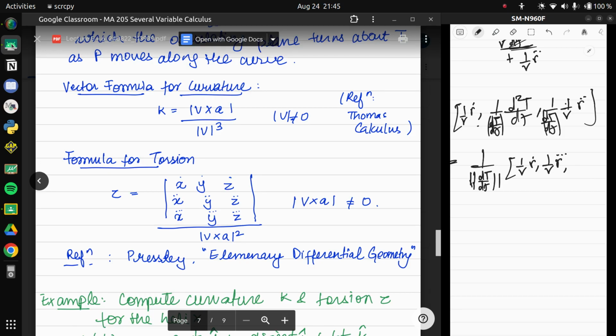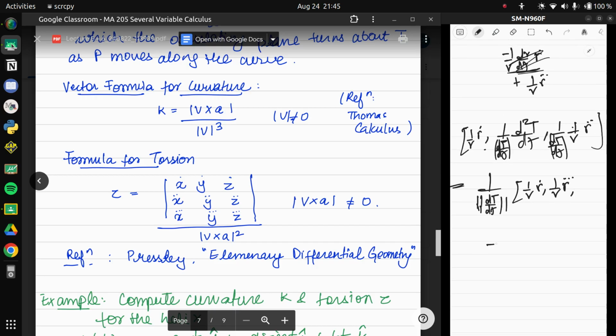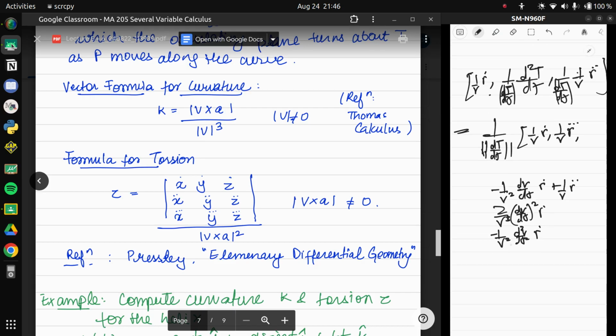Well, we never know. So actually take the derivative of this thing. It happens to be negative 1 upon v squared dv by dt r dot plus 1 upon v r double dot. The derivative of that is negative 2, so that negative is cancelled, so just 2 upon v cubed dv by dt squared r dot, this guy's derivative, which is negative 1 upon v squared dv by dt, so d squared by dt, and then r dot, and then plus negative 1 upon v squared dv by dt r double dot.